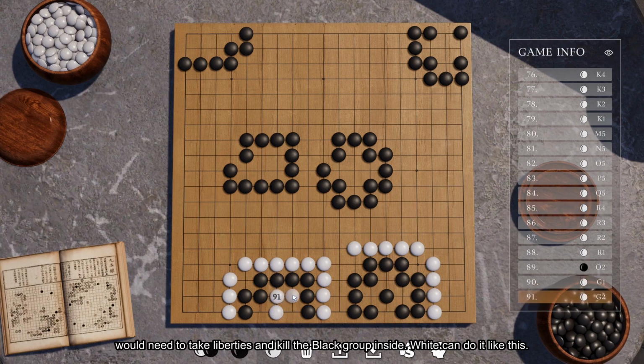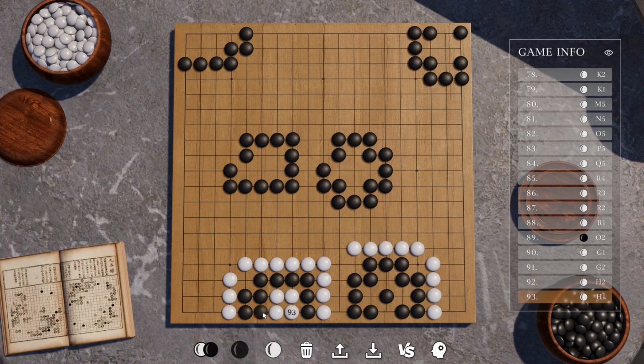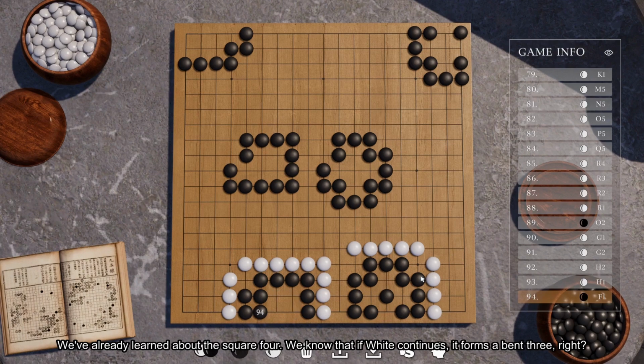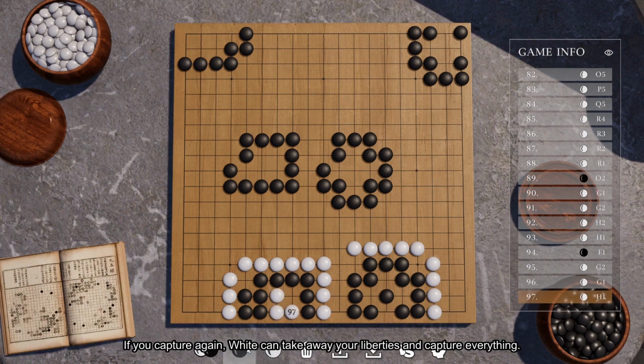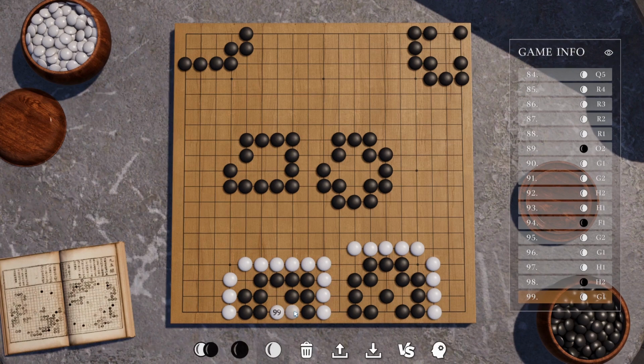White can do it like this. Notice that this creates a square 4 shape, which forces black to capture. We've already learned about the square 4. We know that if white continues, it forms a bent 3, right? If you capture again, white can take away your liberties and capture everything.